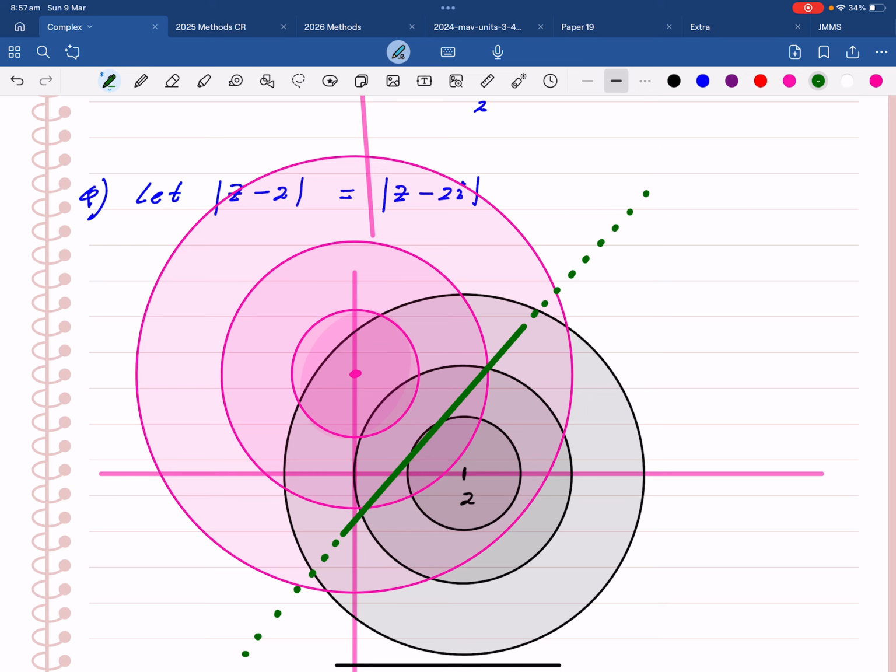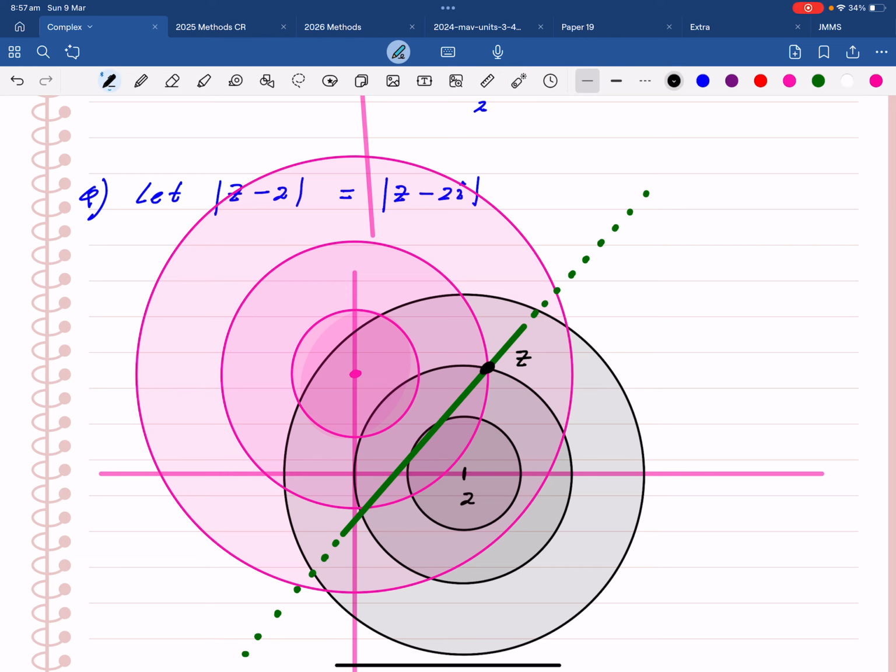Now, my point is this. You understand, this is your z value. This z value definitely satisfies this and that. Why? Because those circles are cutting.